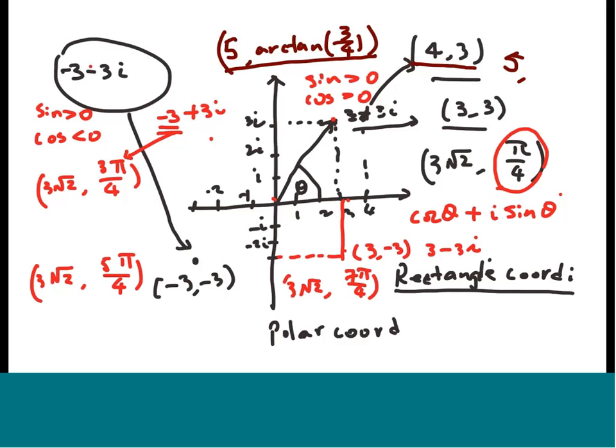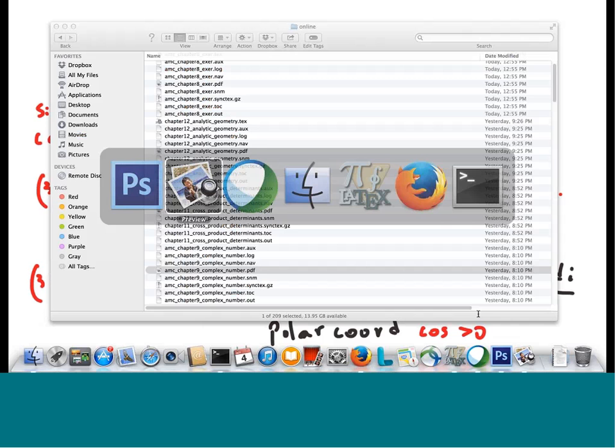This is exactly right because sine is negative and cosine is positive. Okay, it's all easy.